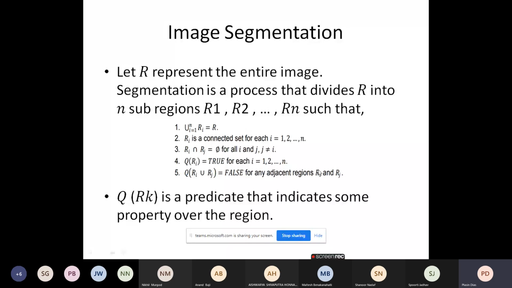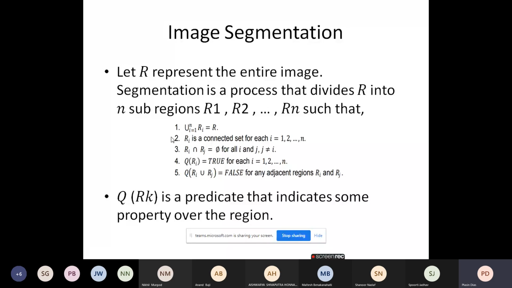As we know, the empty set or null set we normally write with a slashed zero. The symbols for union and intersection represent set union and intersection. These are the two things that are considered in a region. So we are considering two regions here, one is Ri and the second one is Rj.